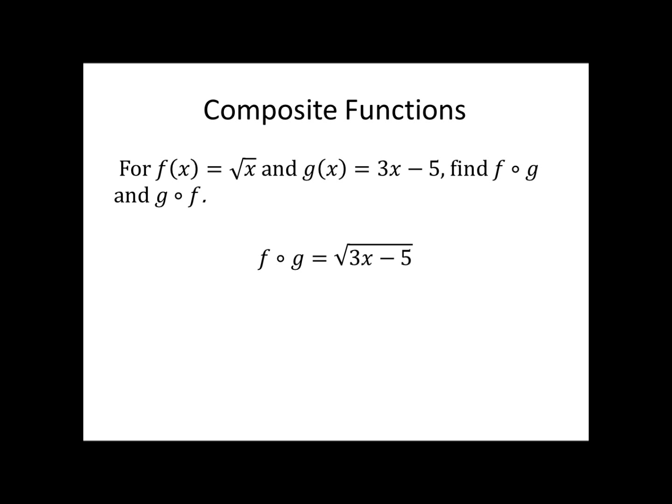So we get the square root of g, or the square root of 3x minus 5. Again, there's really nothing for me to combine or cancel, so I'll let it sit like that. Now g of f means that we're taking the square root of x and plugging it into g(x). So we get 3 times the square root of x minus 5.